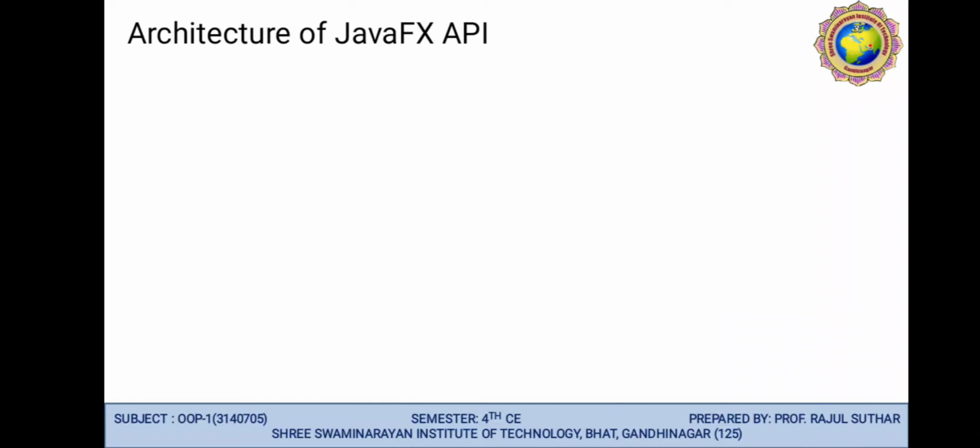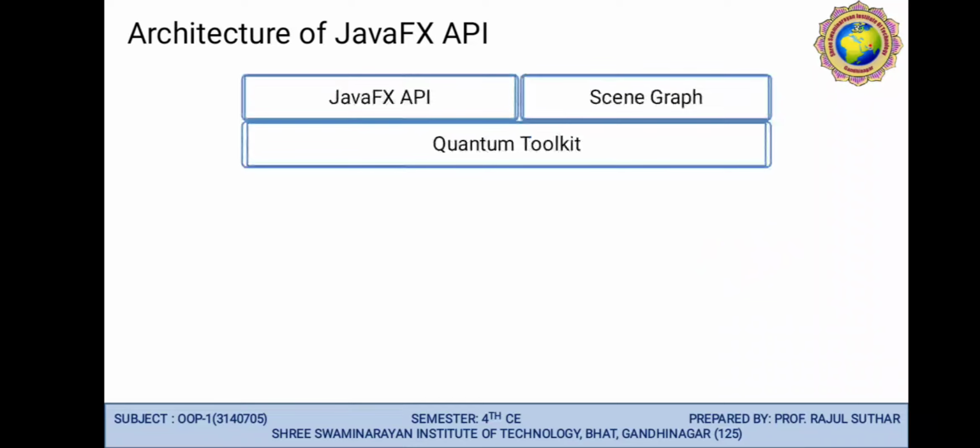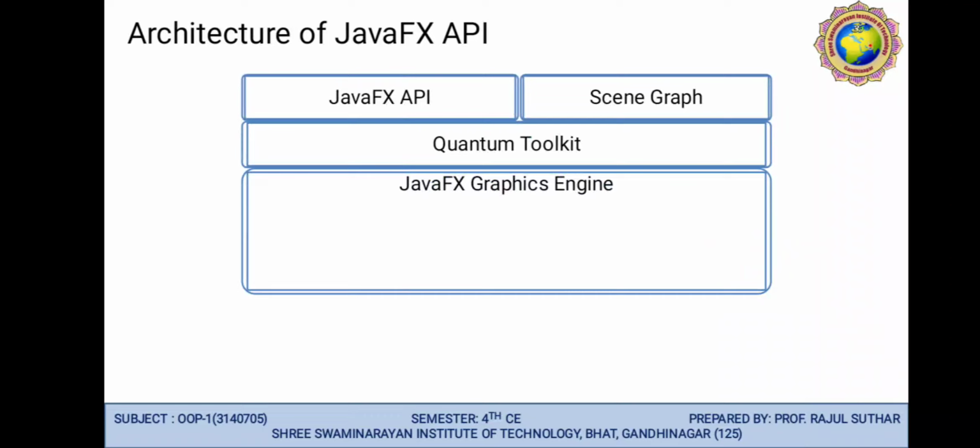Let me try to understand the architecture of JavaFX. JavaFX contains a rich set of APIs, we are all familiar. It helps to develop rich internet applications which provide consistency across many platforms. Here are the various components of JavaFX: the JavaFX API, then the scene graph, we require the Quantum Toolkit, then the JavaFX graphics engine.